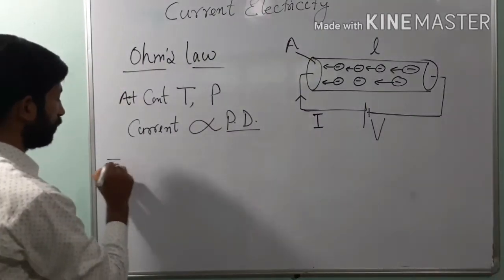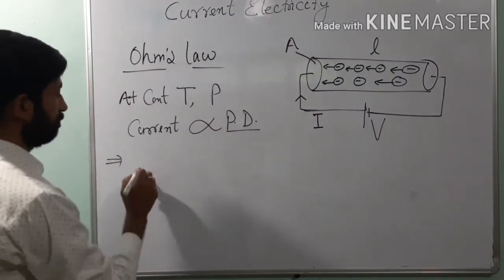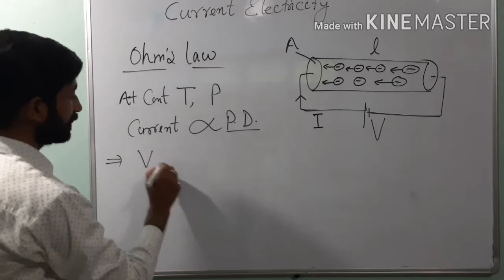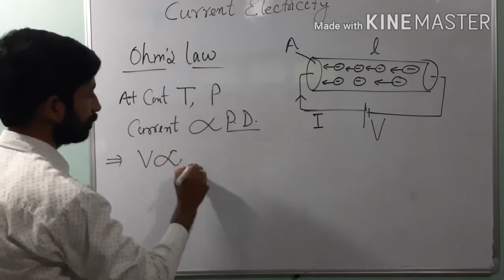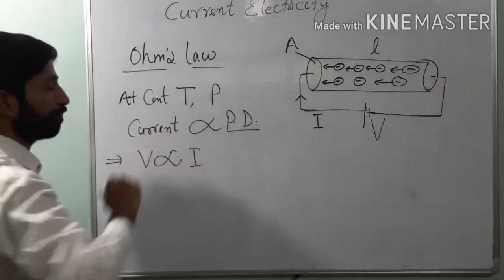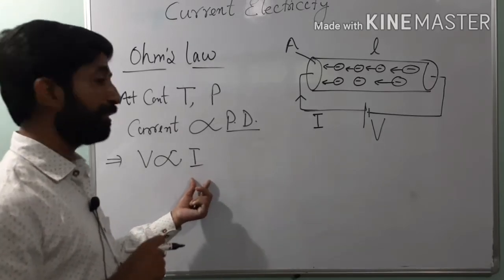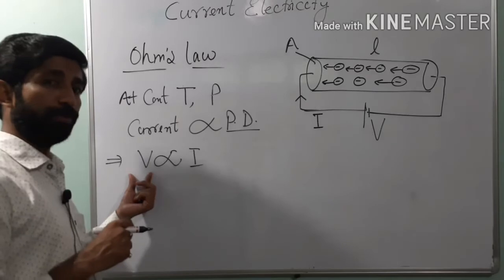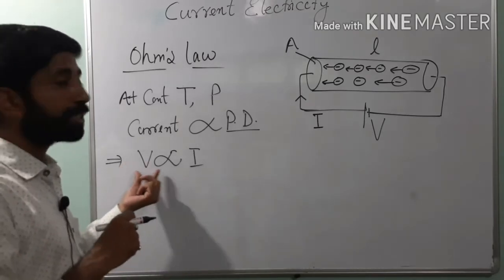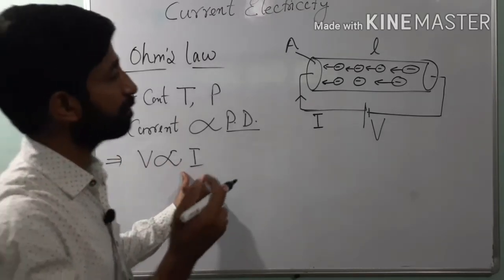That is, quantitatively, V is directly proportional to the current. If current is more, it means potential applied is more, or if you apply more potential, you get more current.